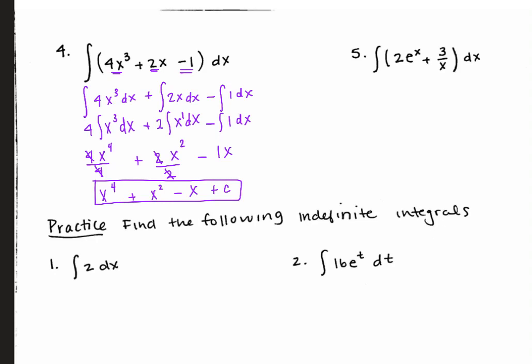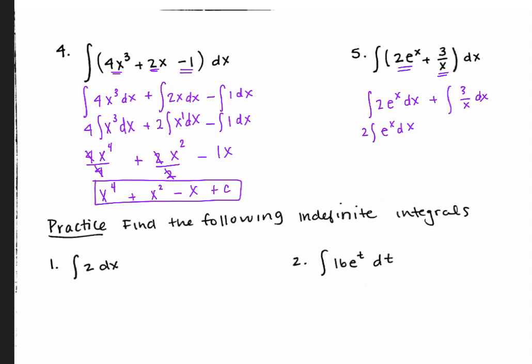Number 5 is similar. We've got 2 different pieces, 2e to the x and 3 over x. So I'm going to take the integral of 2e to the x dx separately from the integral of 3 over x dx. So the first one, I can take out the constant, 2 integral e to the x dx.